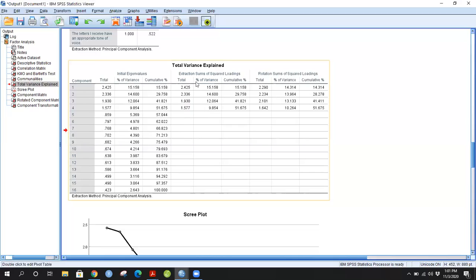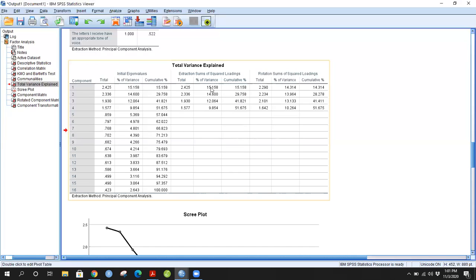We see that the first accounts for 15%, the second for 14, the third for 12, and the last for 9%. Cumulative means it's just the sum. For the first entry there is no accumulation, it's 15 only. For the second entry, you see the number 29, which is the sum of 15.15 and 14.6.